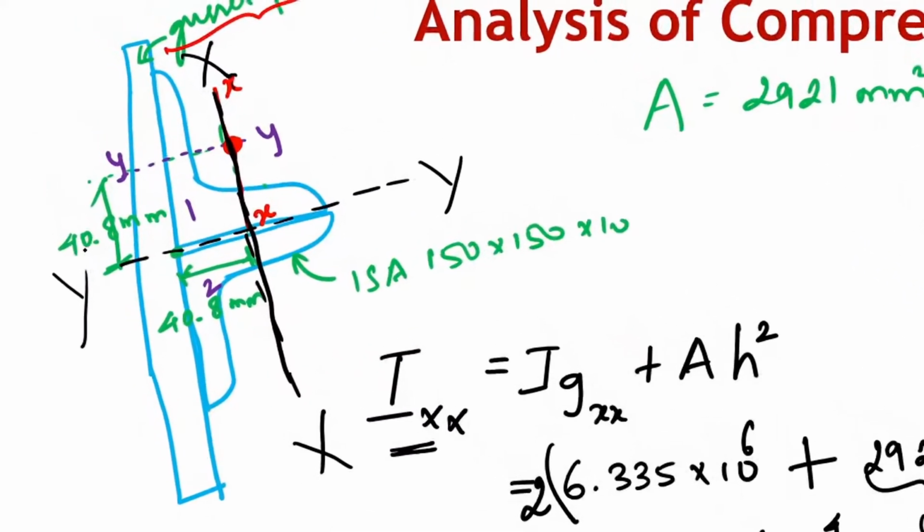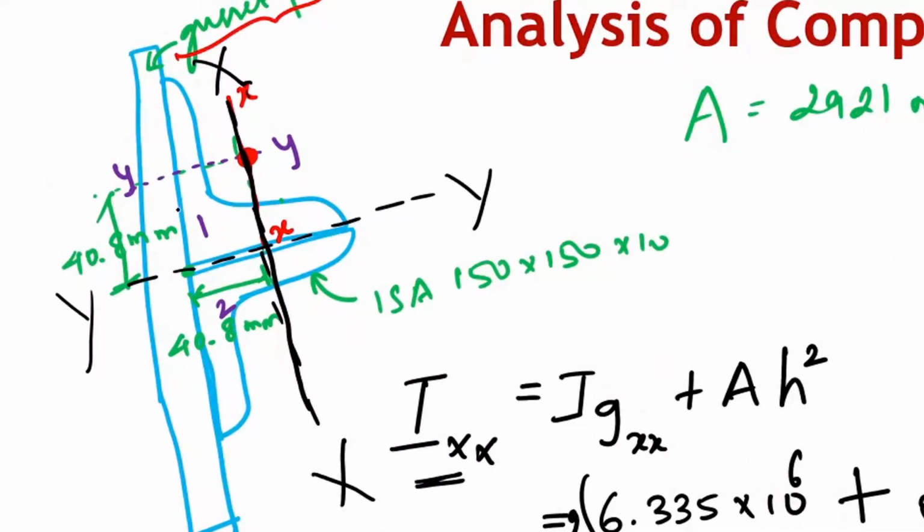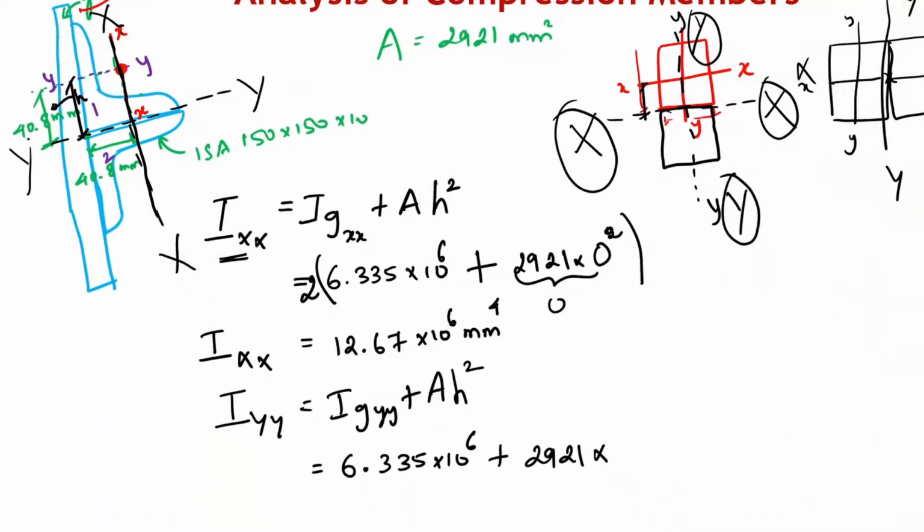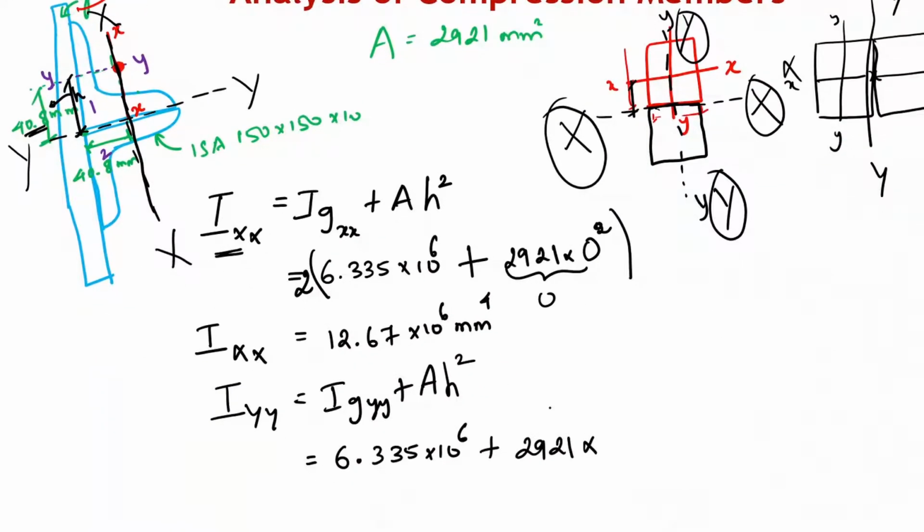Now if you see the difference between the local axis yy and global axis yy, that is the h. So h here is 40.8 mm. So 40.8 mm, squared.